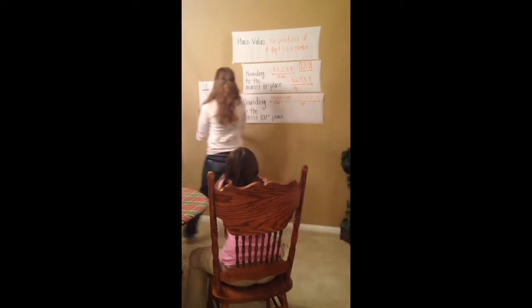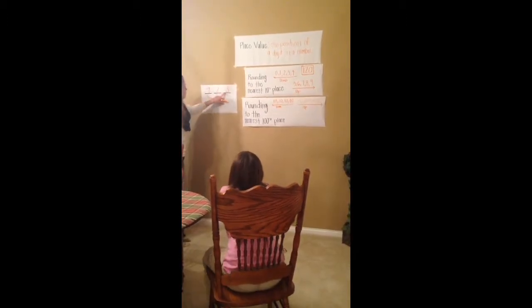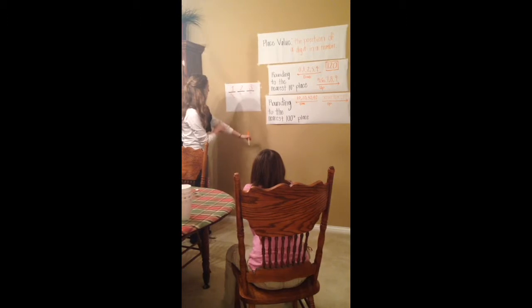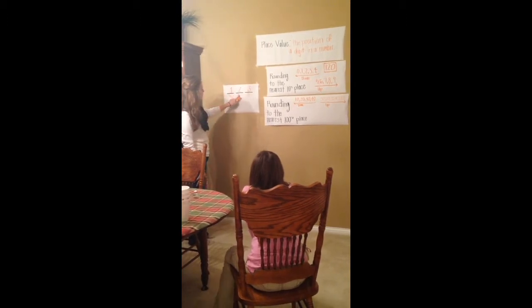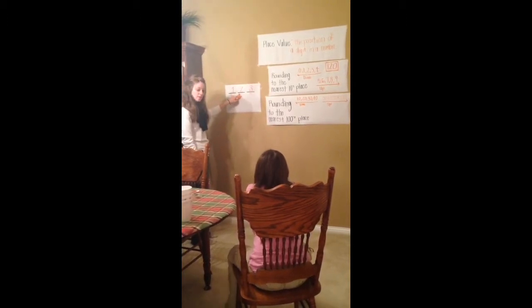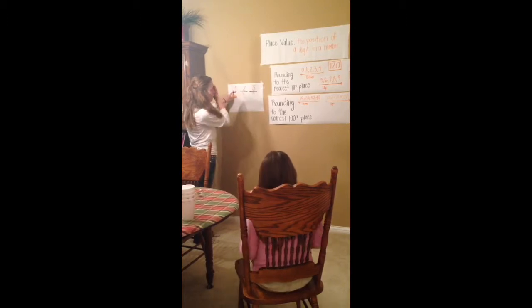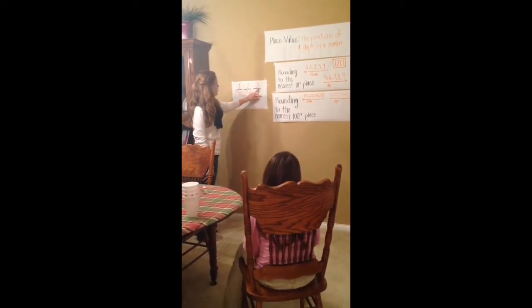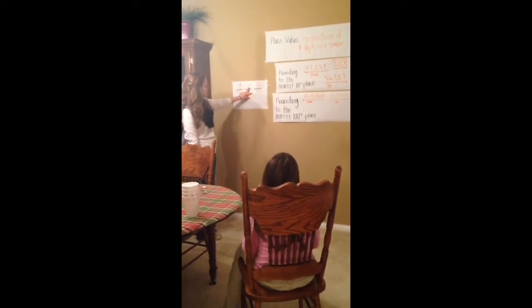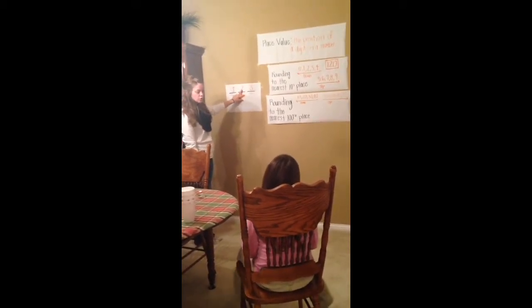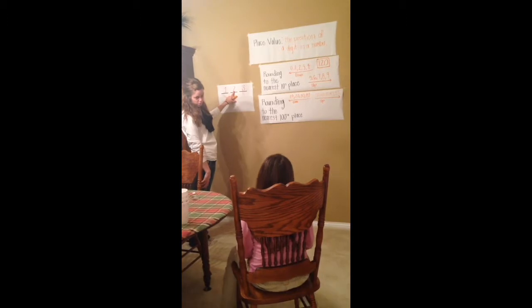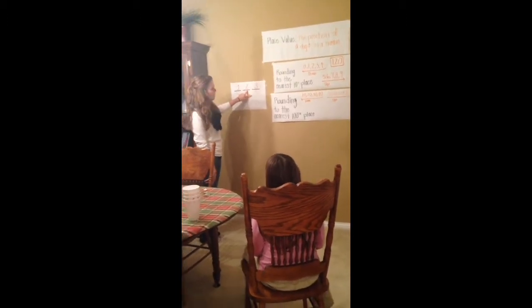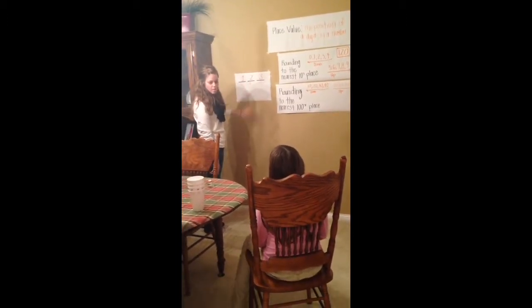So again, with our number 123, now we're looking to the right of the hundreds place, which is now the tens place, to see if we're going to round up or down. We're focusing on our tens place, which is 20, which is what our 2 is, right? Is that bigger or smaller than 5?